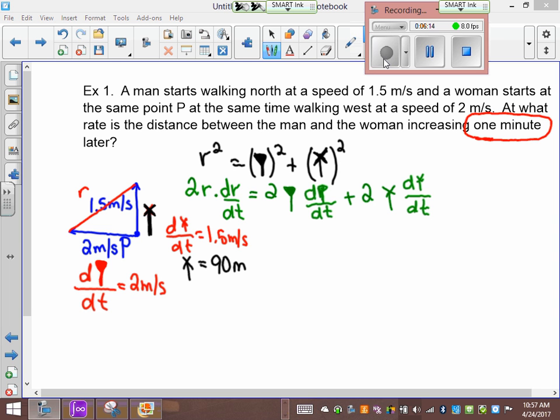And then the spatula, or yield sign, I don't know why it was spatula, is going to be 60 times 2, which is 120. How can I get R? Pythagorean theorem.